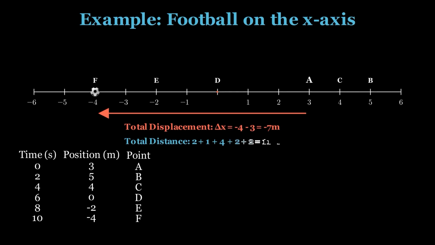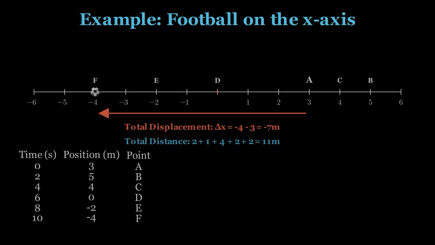To calculate the distance, let's add it up piece by piece. From A at 3 meters to B at 5 meters, the ball traveled 2 meters to the right. That is our first distance segment, 2 meters. Next, from B at 5 meters back to C at 4 meters, it rolled 1 meter to the left. Add that, 2 plus 1.